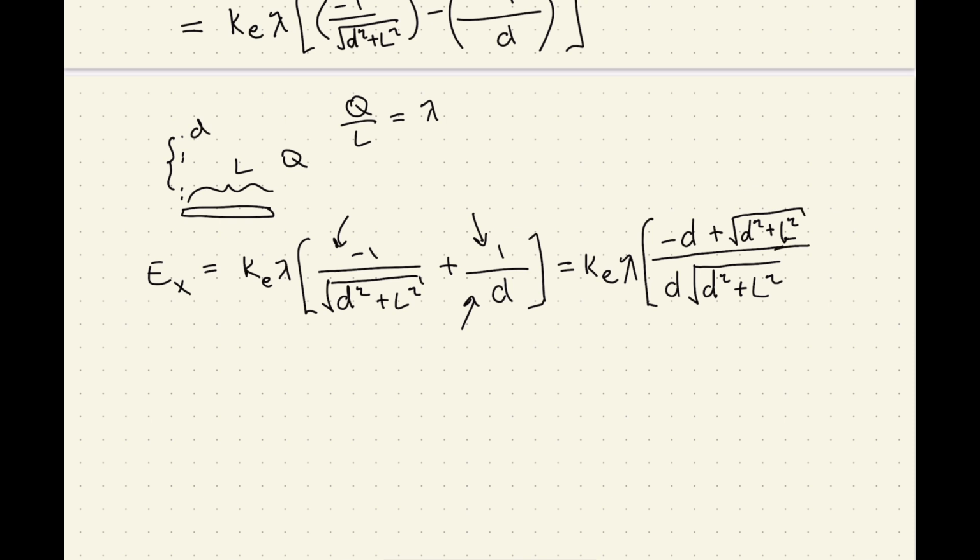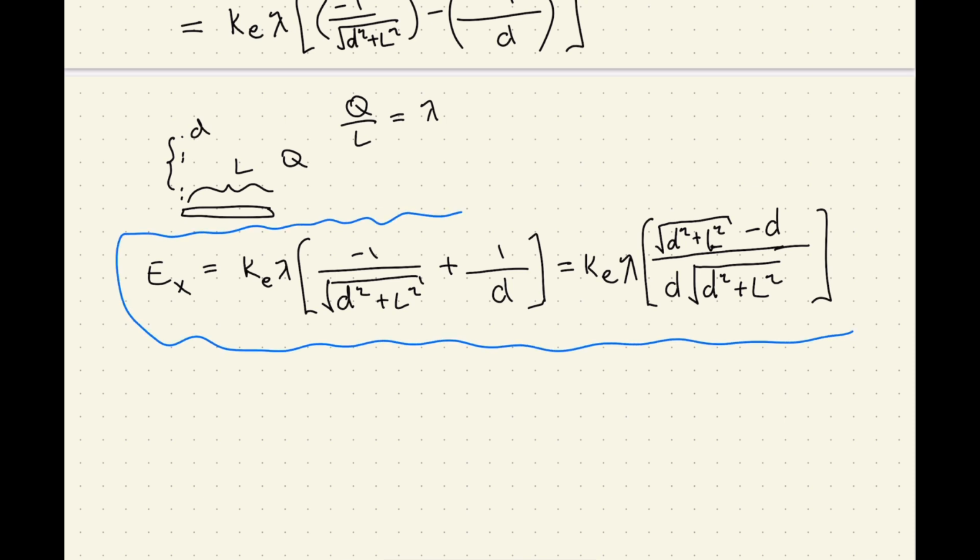So I get this, and since I want to have this minus d on the back, I will just put this here and this d here, and these two things should be equivalent. So I don't know if this looks better or this looks better. They both look pretty gnarly, but they should be equivalent and they should be equal to the EX component of the electric field.